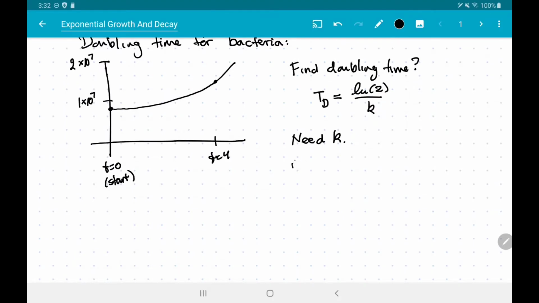First, let me sort of rederive the solving process for k. I'm going to start with exponential growth. So q is q0 e to the kt.